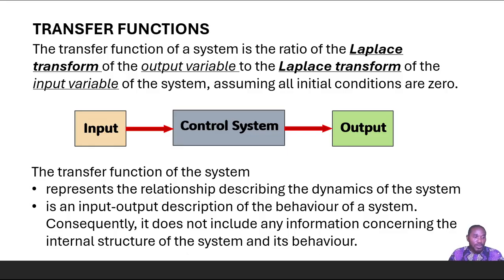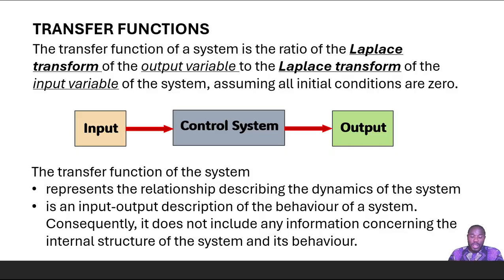All right, so what the transfer function gives us is a description of the relationship between the inputs and the outputs, and that will be an indication of the behavior of the system, not the internal structure of the system.